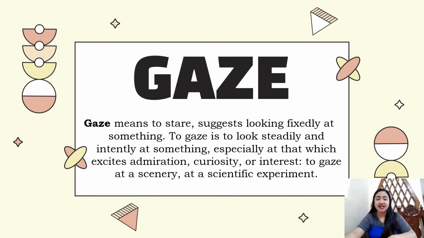Let's proceed with gaze. Gaze means to stare, suggests looking fixedly at something. To gaze is to look steadily and intently at something, especially at that which excites admiration, curiosity, or interest. To gaze at a scenery or at a scientific experiment.